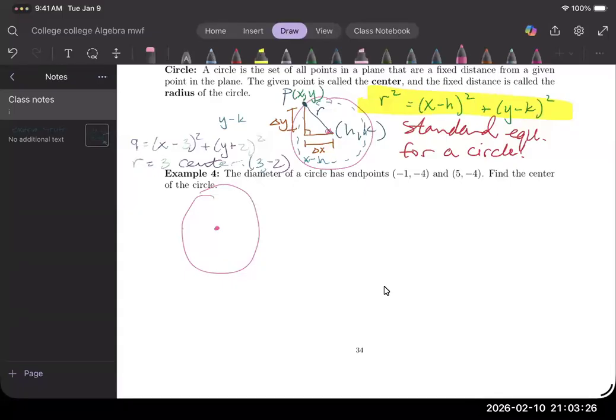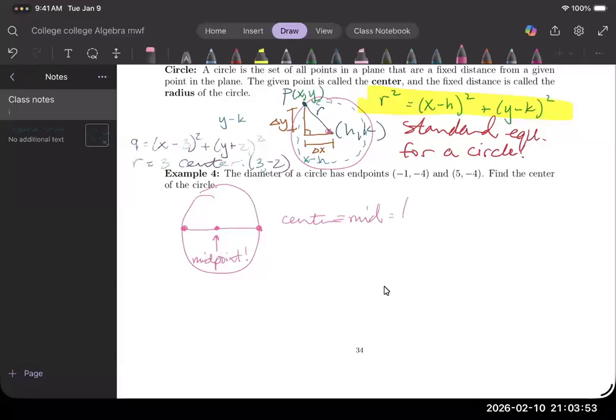The diameter has an endpoint on the left and on the right. Remember, the center is dead center, so we can call that the midpoint. That's all you're doing. The center is equal to the midpoint.